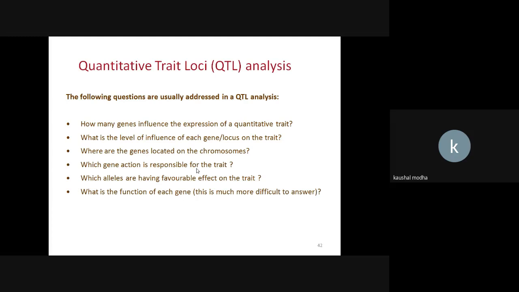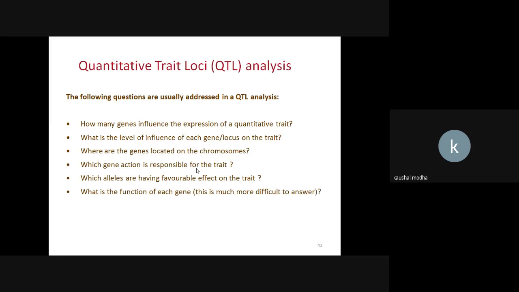And we can also know the function of each gene to the trait, that is how each allele and each gene is contributing to the quantitative trait through the central dogma, through gene expression, which proteins are encoded by these genes, and how a particular allele has positive influence on the trait, another allele has negative influence, and how their protein products are contributing to the trait.